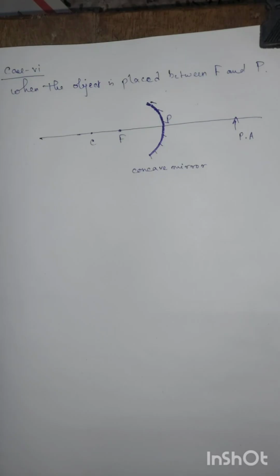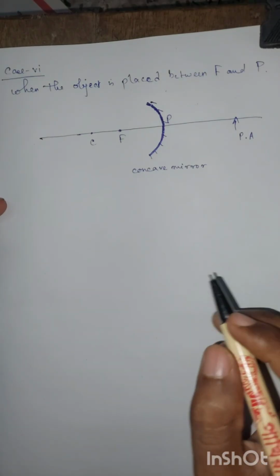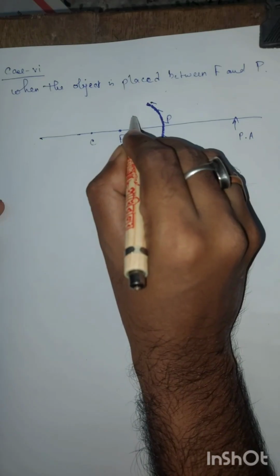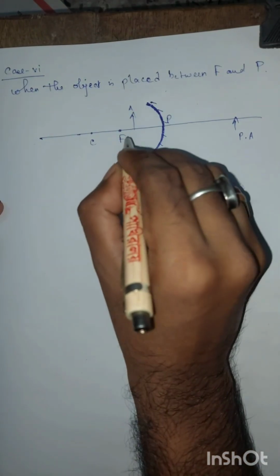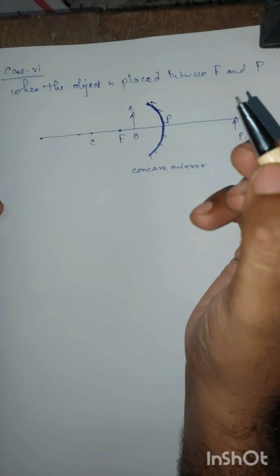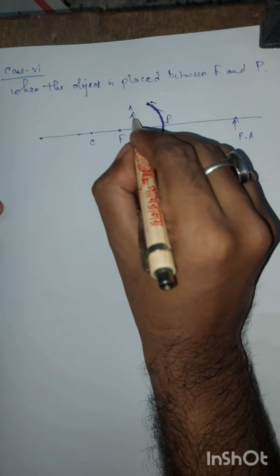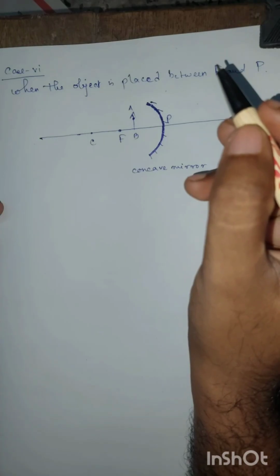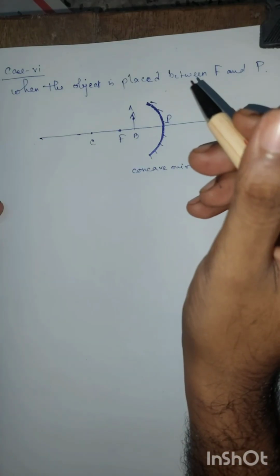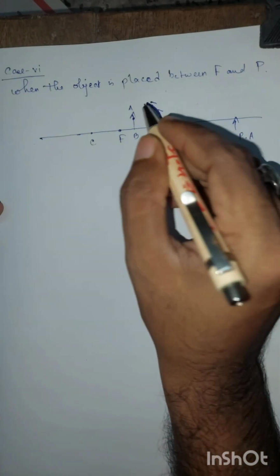Now the object is placed between F and P. This is our object. So let us take a point on the object. From that point, two rays are coming out.